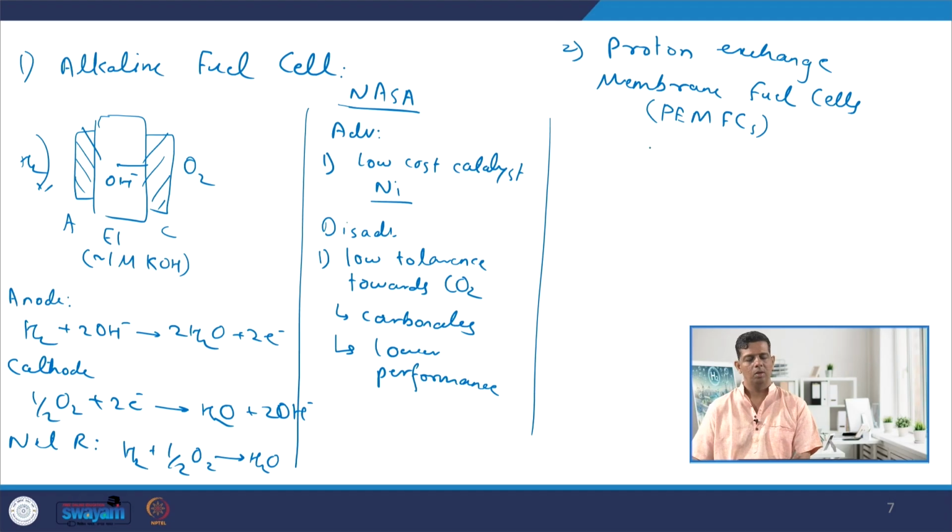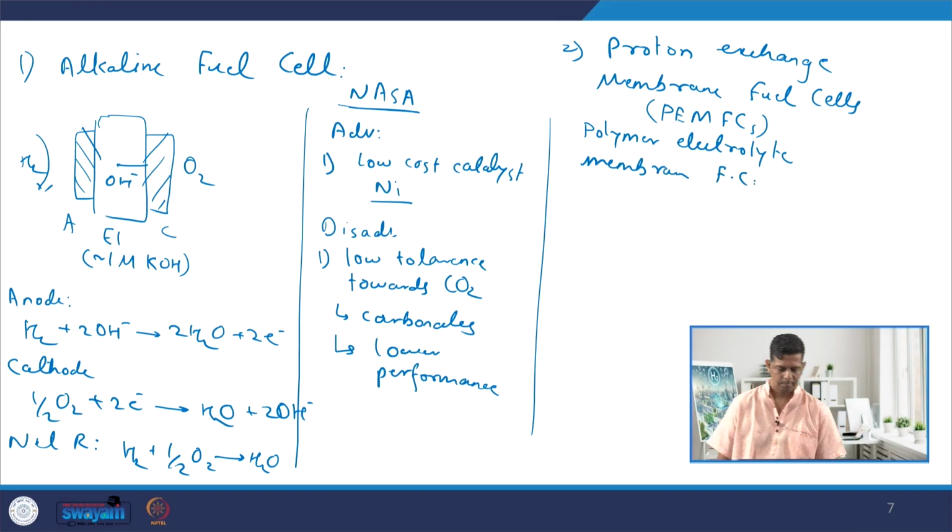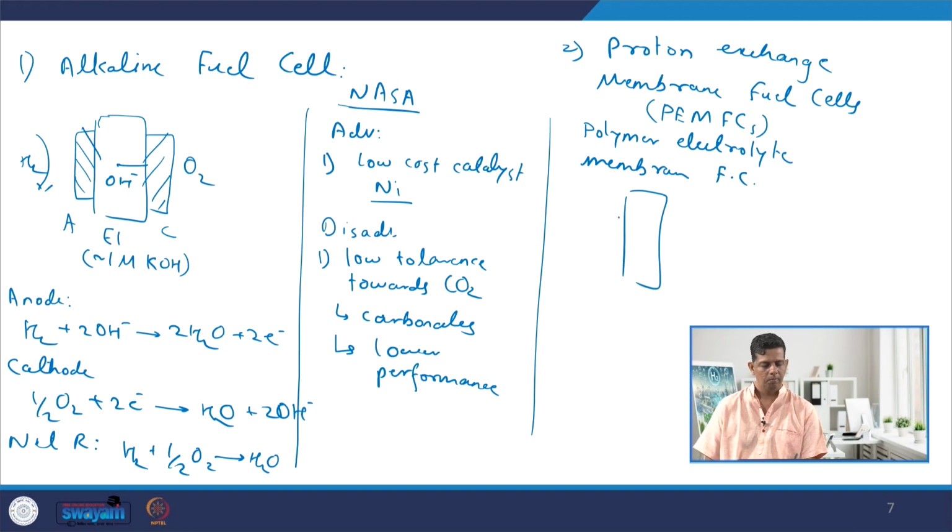The PEMFC is also called a polymer electrolyte membrane fuel cell or polymer electrolyte fuel cell. We have already seen how these fuel cells work, so let me go through it one more time. This is hydrogen and oxygen. We have, in this case, the electrolyte as a solid polymer.